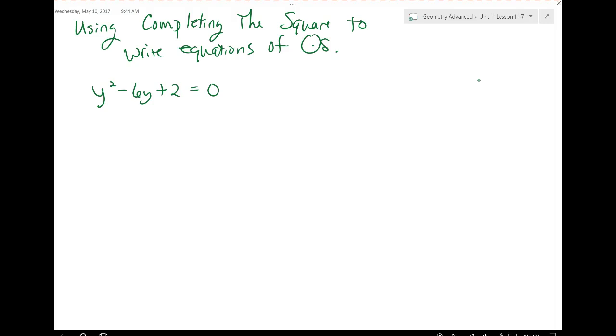So what did we do when we could not solve quadratic equations with factoring? What rule did we introduce to you? Quadratic formula. So let's try the quadratic formula first. Now remember, this is using the idea that every quadratic can be written in the form ax squared plus bx plus c.